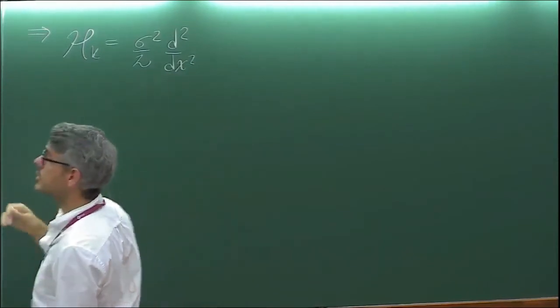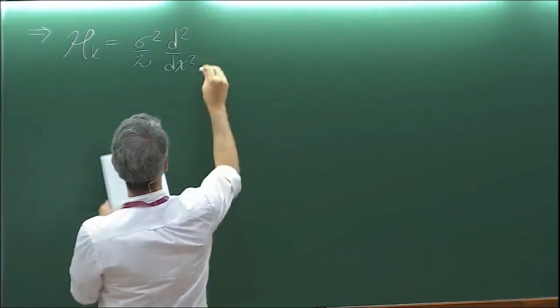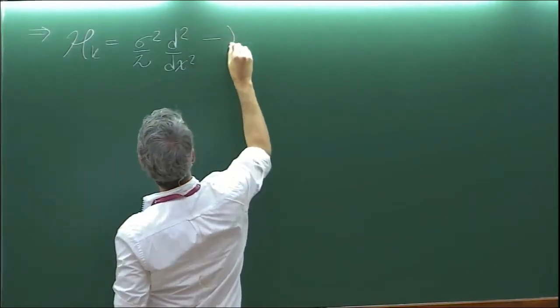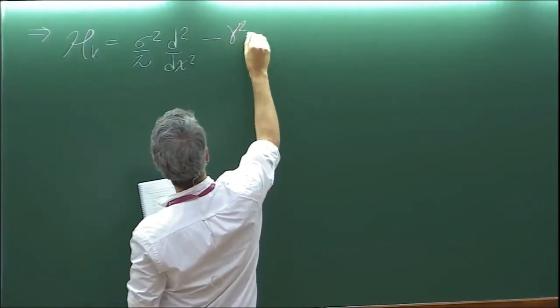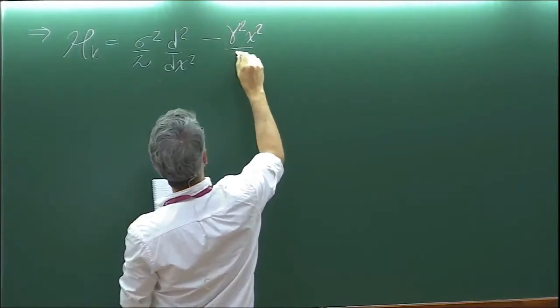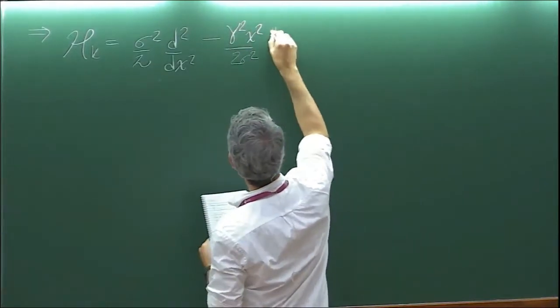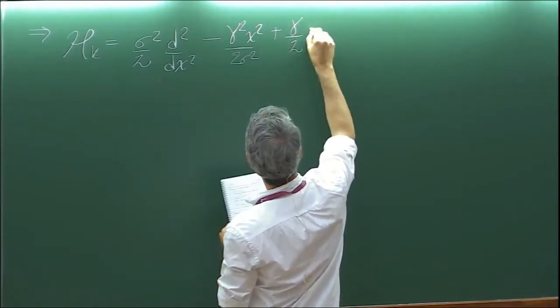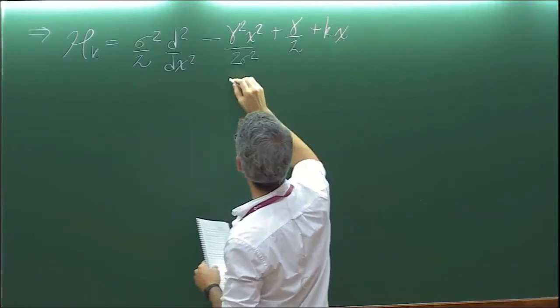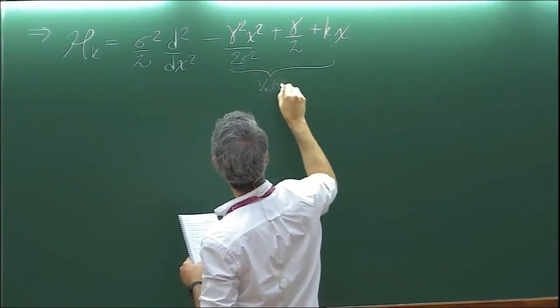The effect of the symmetrization is to kill the non-Hermitian term in the generator: it cancels this part and retains this part, adding now a potential as it kills the derivative part. The potential is minus gamma squared x squared divided by 2 sigma squared plus gamma over 2 plus kx. This is my V_k(x) here.